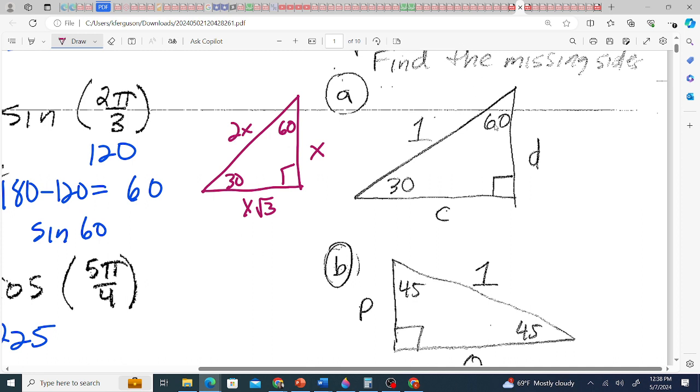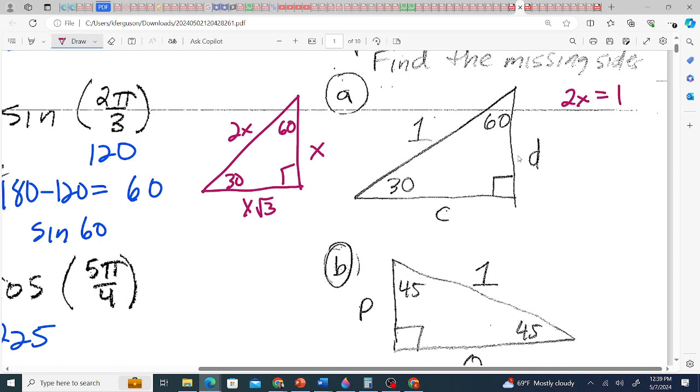Well, the special triangle that I'm focusing on is the one for the unit circle. And the unit circle has a radius of 1, which makes our hypotenuse 1. So if I want to find the values for this, all I need to do is look at the general definition for the 30, 60, 90, and then I look at the specific definition for this unit circle, and that tells me I've got 2x equals 1.